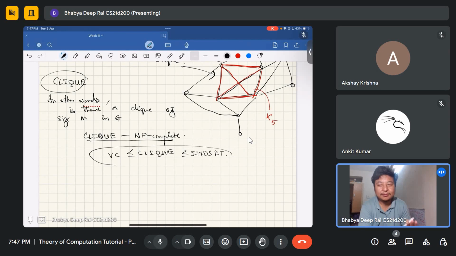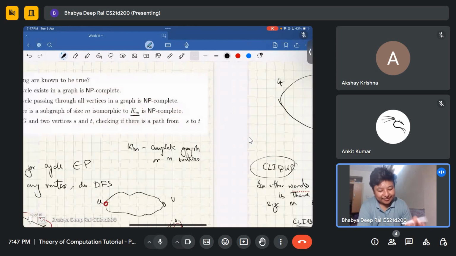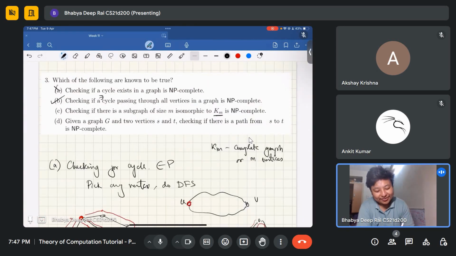It is a well-known problem, and it's a well-attacked problem in complexity theory, trying to solve clique in a very quick fashion, because clique has a very nice property which is called monotone. Even if you add edges to it, it'll still have a clique. Anyway, those things are irrelevant right now. By the lectures, we know that clique is NP complete. I would ask you to check out the lectures and look at the proof about why clique is NP complete.